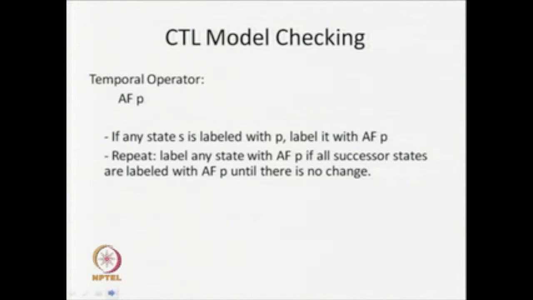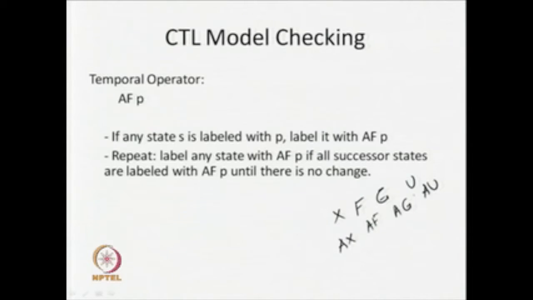Now, you just see that already we have discussed the temporal operator AFP, because we know that we have some operators: next state, future, globally and until, and along with that we have two path quantifiers. So, for all paths: AX, AF, AG and AU.